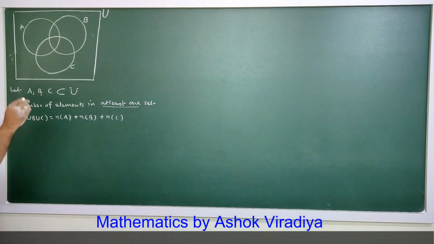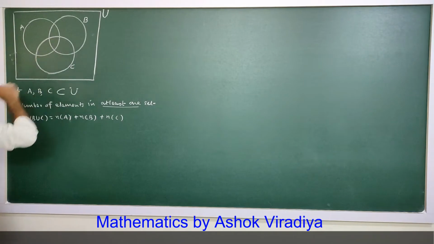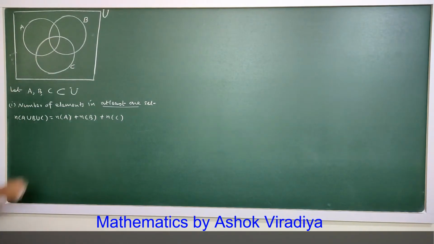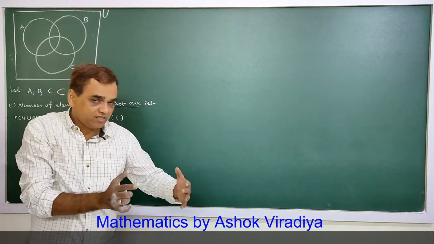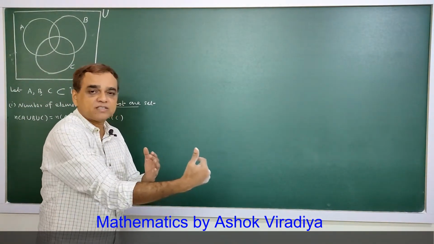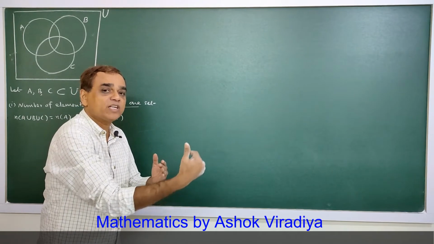We want to count every element only once. In A union B union C, whenever we put elements in a union, we do not repeat elements. Every element we keep one and only one time.